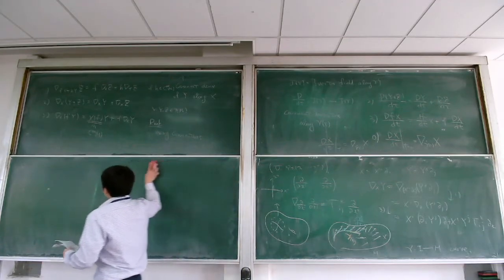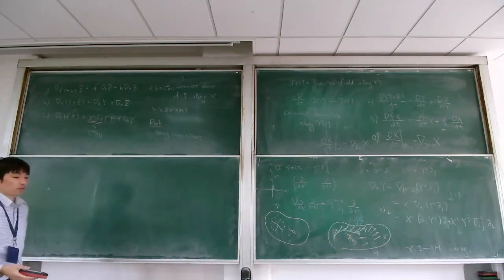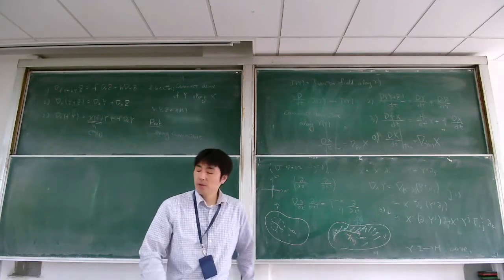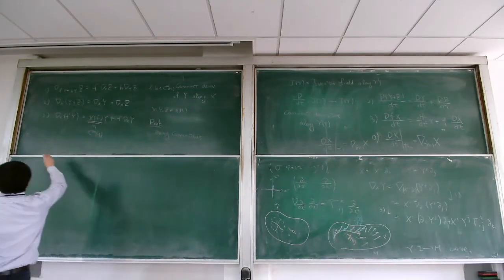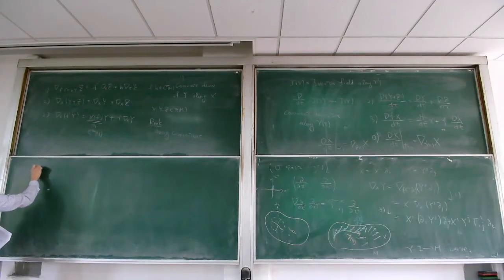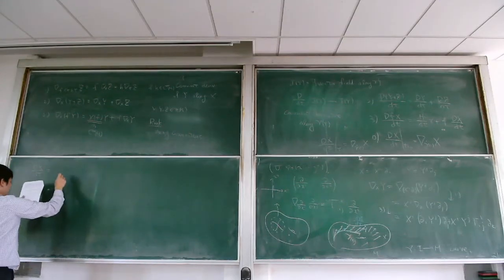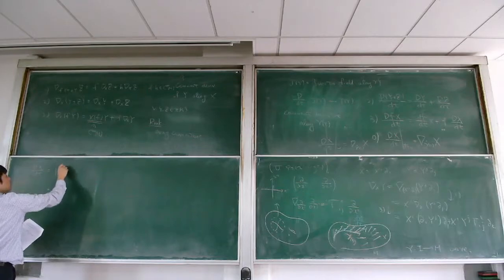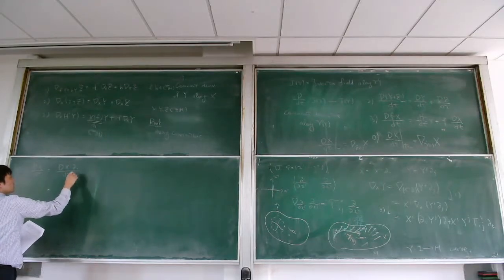And if you use local coordinates, this covariant derivative d/dt of the vector field X can be written as dx^i/dt times partial_i.